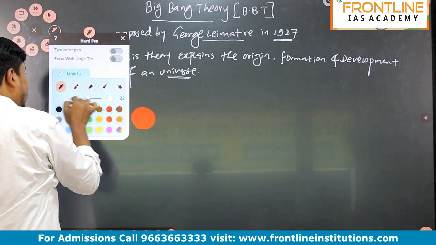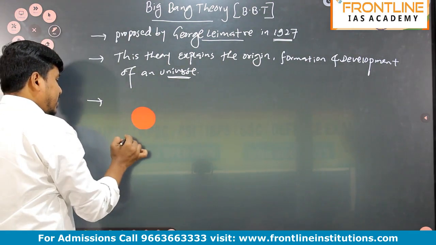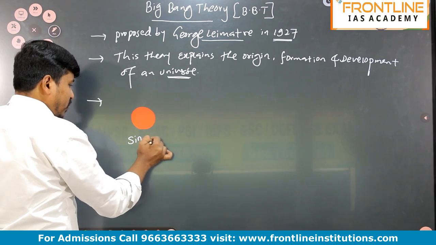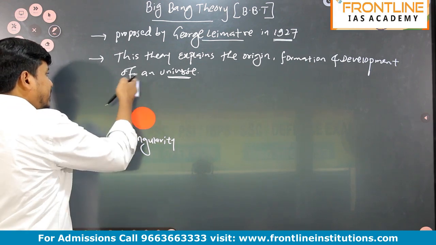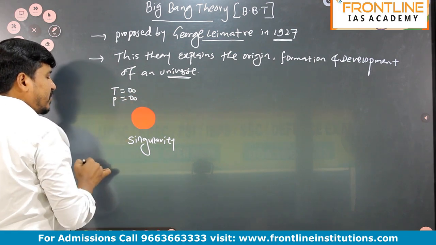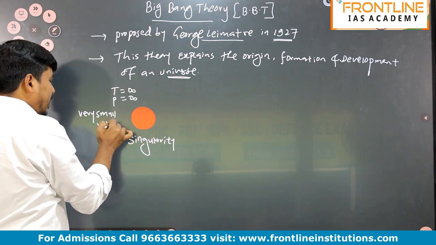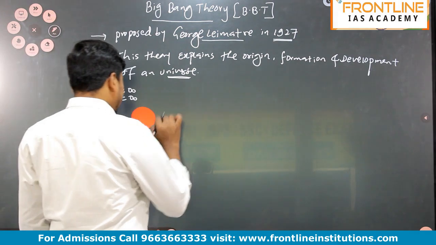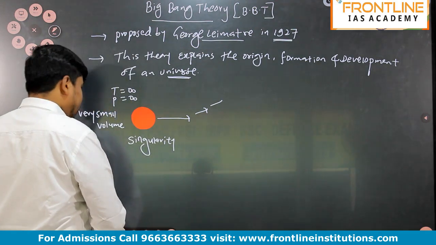This theory says that around 13.7 billion years ago, there was a single object, and that single object is known as a singularity. It had infinite temperature, infinite pressure, but very small volume, and this singularity exploded. That explosion we call supernova, right?